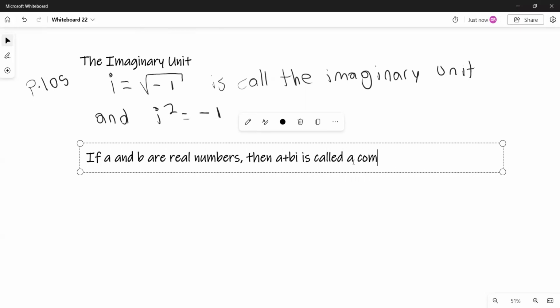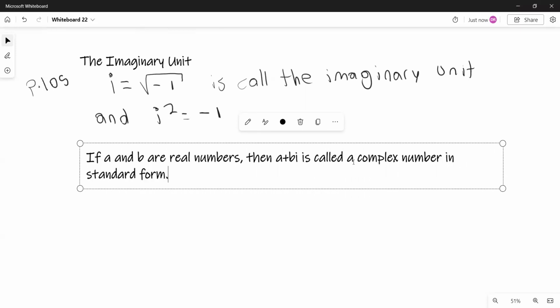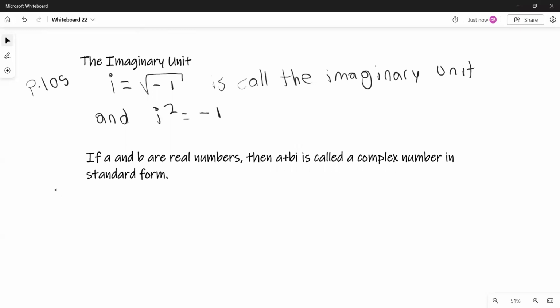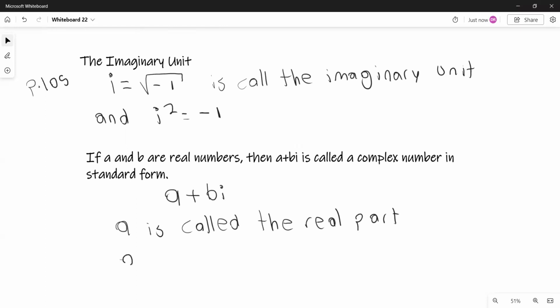We have a complex number, a plus bi, and a is called the real part. And b, just the real number b, is called the imaginary part.